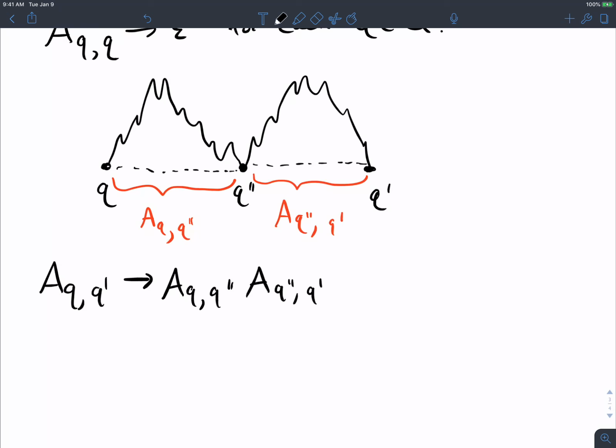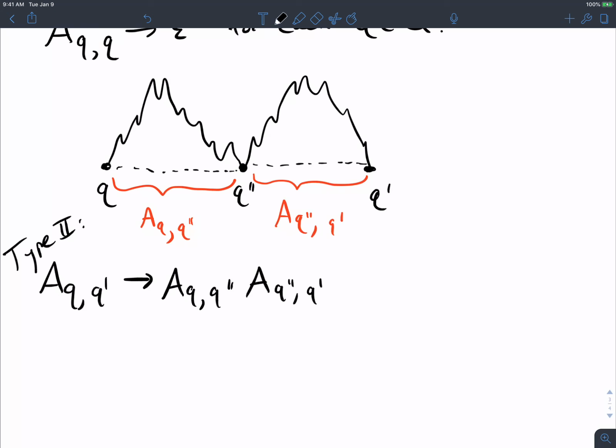So the first type of rule was type 1. What do you think this type is? Type 2. So this is type 2. But here's the thing. Could this happen for any Q, Q prime, and Q double prime? It could. Well, we may be able to exclude some triplets of states if it turns out to not be necessary, and we'll see an example of that. But if we actually put in useless rules, ones that won't do anything, does that help?